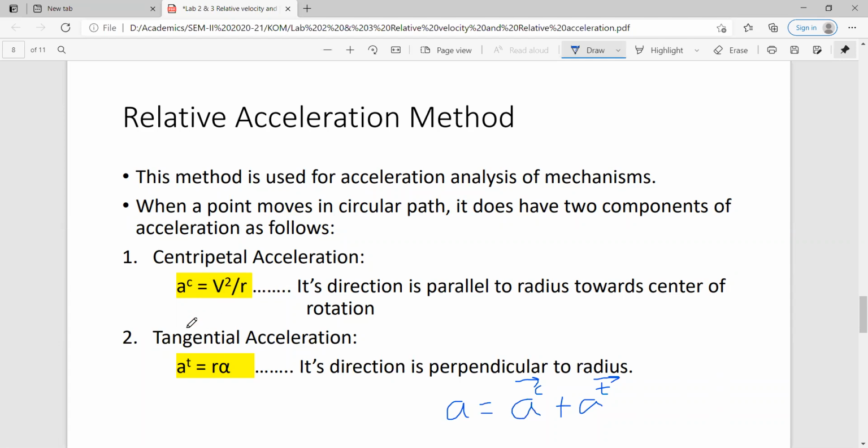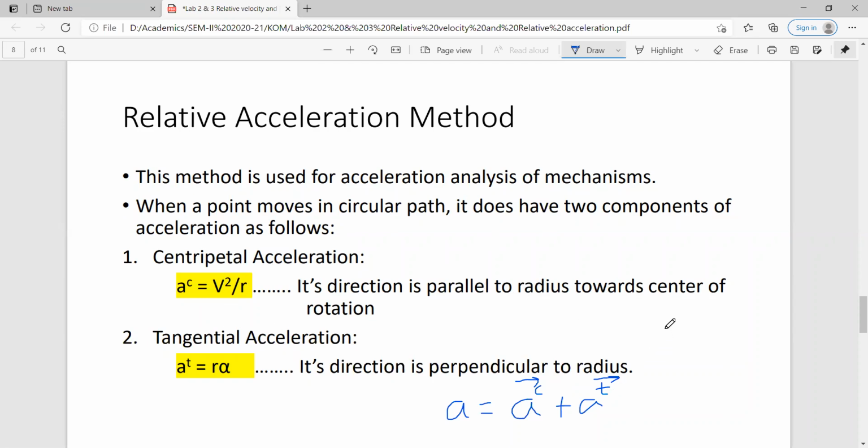So now you know the magnitude of this centripetal acceleration. And what about the direction? Its direction is parallel to the radius towards the center of rotation. So this component, centripetal acceleration, will act towards the center.